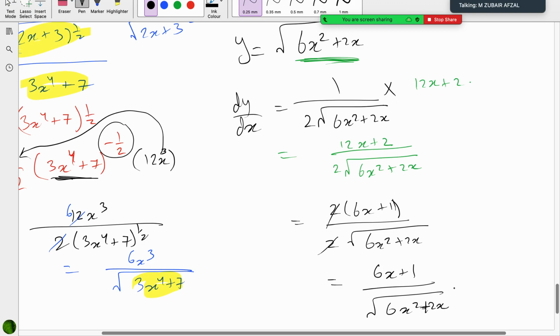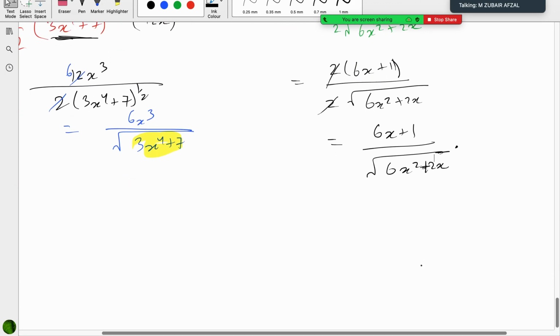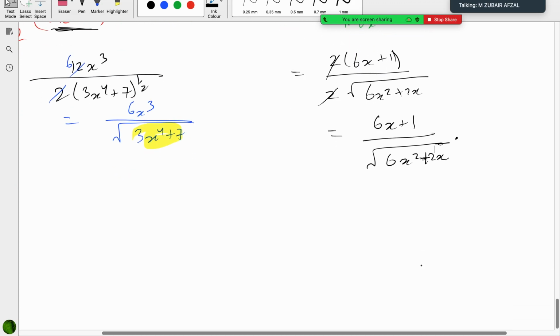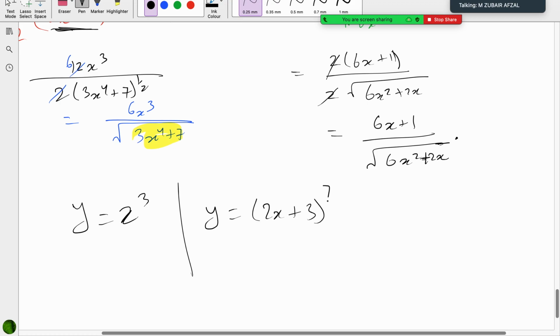There's only one difference between differential and the basic concept of this chapter. You may have different types of equations to differentiate. So you should know how to differentiate a simple equation. Let me write them so you can make a good comparison. For example, y is equals to x cube, first type. Y is equals to 2x plus 3 raised to power 7, second.